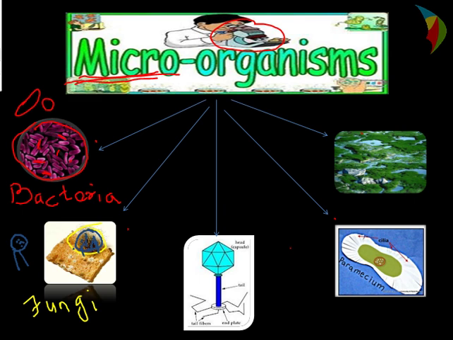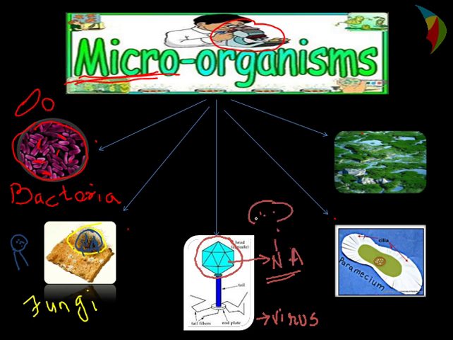Now the third type of microorganism, found everywhere, is the virus. Viruses are the smallest of all the types of microorganisms. A virus mainly contains a head that consists of a special kind of nucleic acid, which is mainly responsible for causing disease and is harmful for any cell or living body.